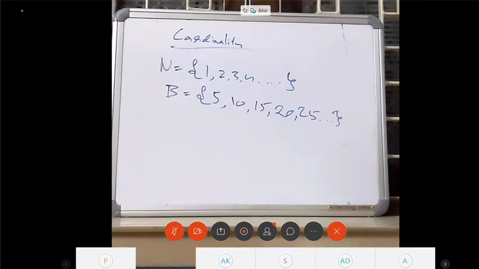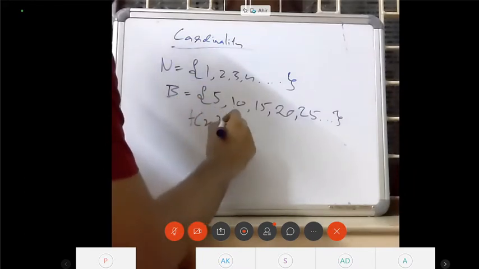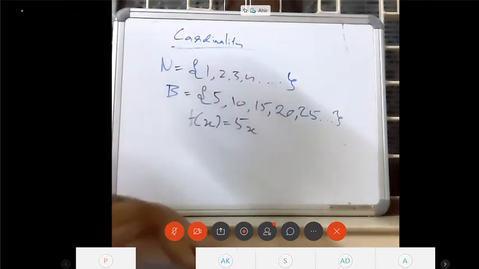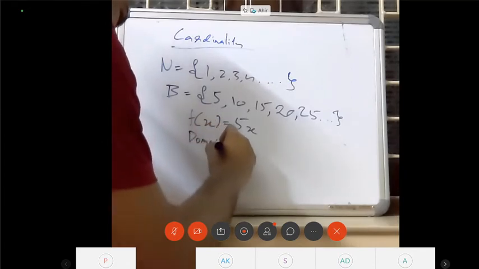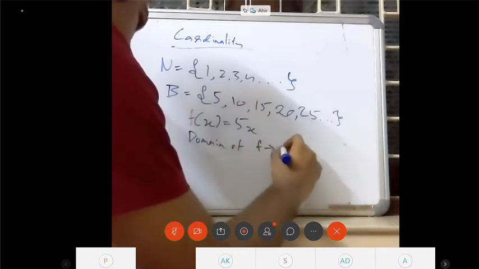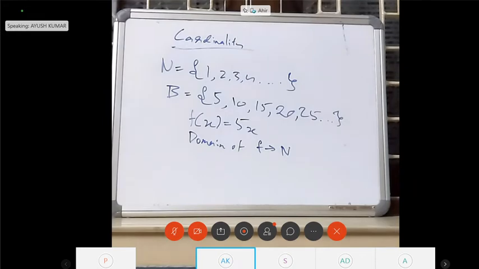So now consider the function f(x) equal to 5x. Now let the domain of the function be N. Then what will be the range of the function?